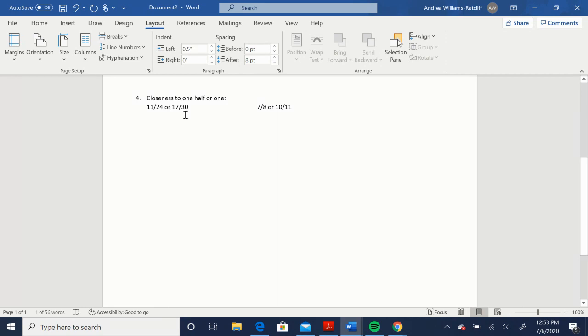I could think about a comparison here using the same strategy that I just looked at, which is that 11 out of 24 is less than a half, and 17 out of 30 is greater than a half. So without even thinking about the closeness, we know that this one is going to be larger.